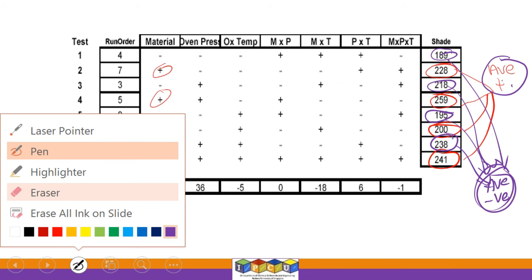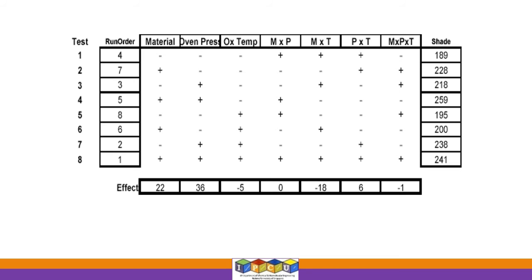So if you want to find out this effect, for example this MPT effect, what you do is take the readings for which you have plus entries for that particular column. Plus, plus, plus for MPT.